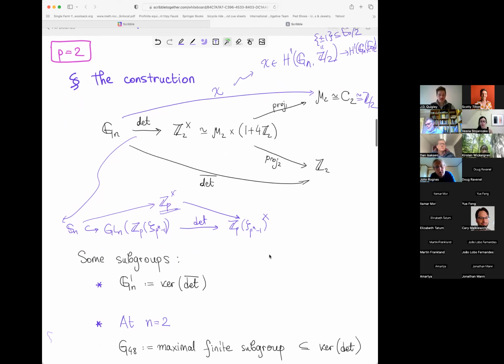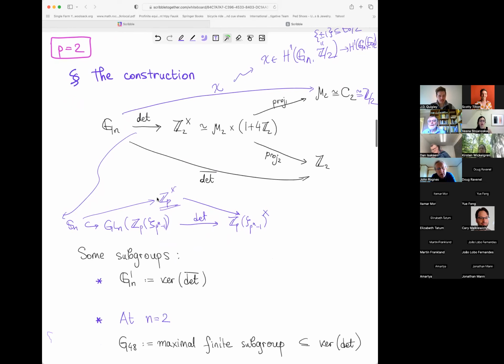Could I ask you about the determinant? That's not the same as what's called the reduced norm? You said it was trivial on the Galois part, whereas the reduced norm of the Frobenius is minus p, or minus 1 to the n minus 1 times p. Okay, so then I shouldn't be saying that word. I think ultimately in terms of what these cohomology classes are, it doesn't matter. They're equivalent in cohomology.